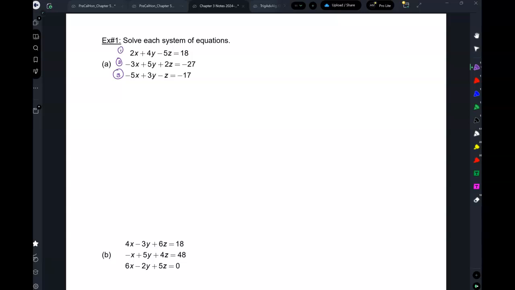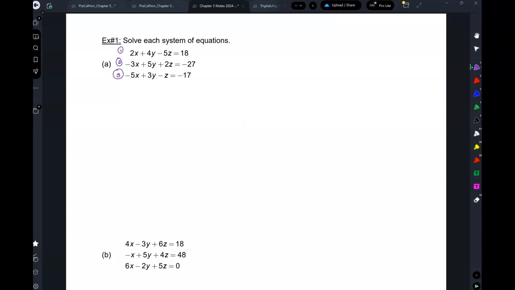So you first have to decide on what variable to get rid of. When I scan this, you see the bottom z has a coefficient of -1. That's how I would decide to get rid of the z's. It's just easiest.